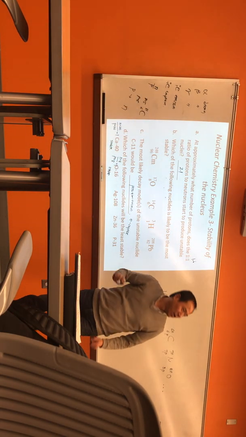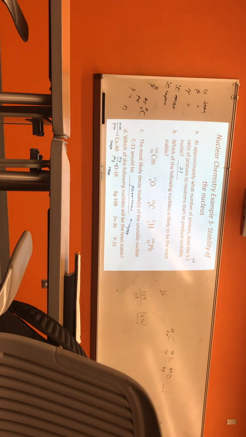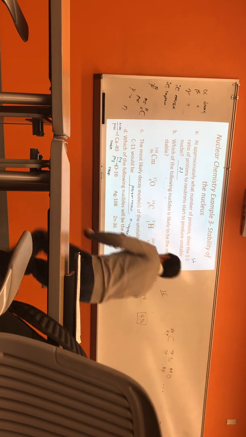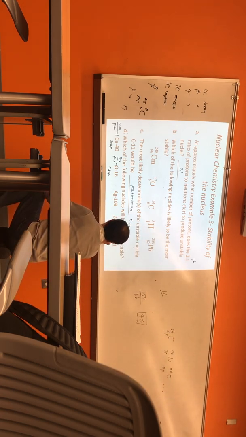Phosphorus. What's the atomic number of phosphorus? Is that 15? Okay, the proton number is 15, and the neutron number is 16.